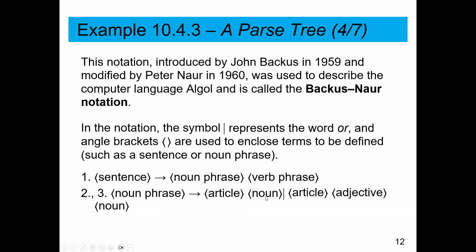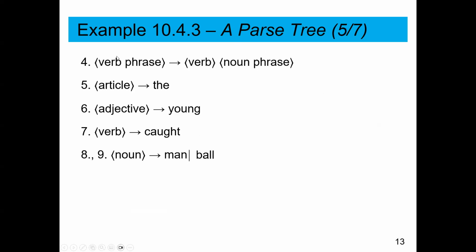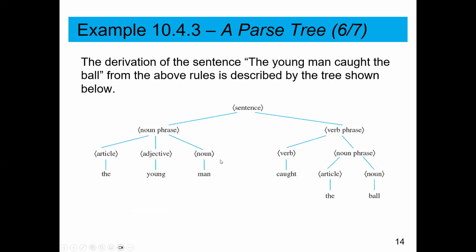A noun phrase can be an article and a noun, or an article, adjective, noun, because it has to go in that order. That's where the or came into play. Verb phrase equals verb, noun phrase. Article is the, adjective is young, verb is caught, noun is man or ball.